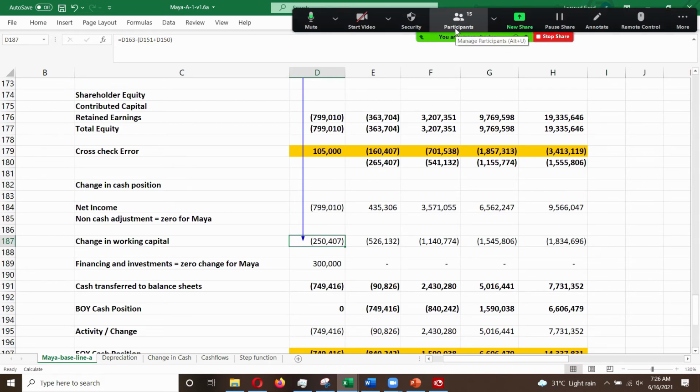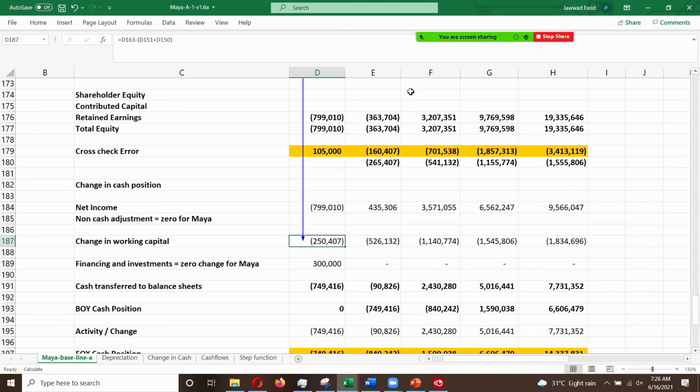All right, so we've already factored inventory into our calculation. What else is there that we've missed out?